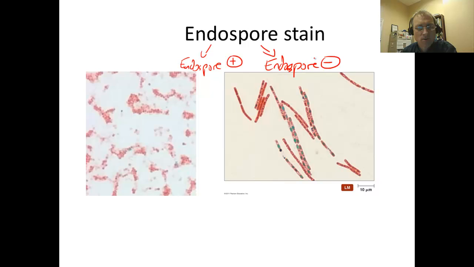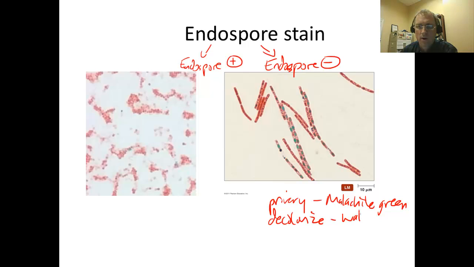It's another set of stains of basic dyes that follows the same essential principle of primary stain, which in this case is a dye called malachite green, a decolorizing step, which is water in this case, and a secondary counterstain, which is going to be contrasting with the malachite green. And in the endospore stain, typically safranin is used, much like the last stain used in the Gram staining procedure.